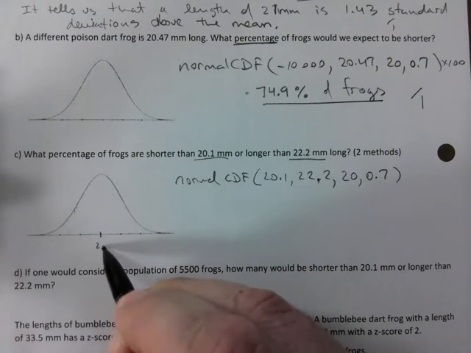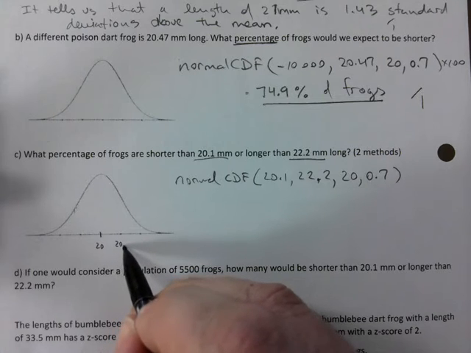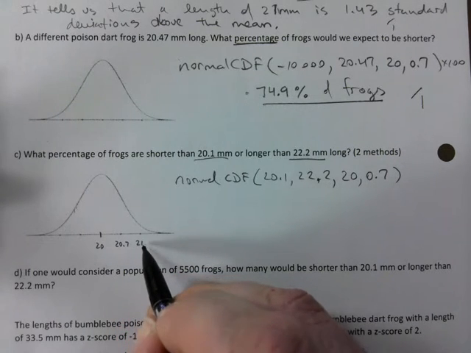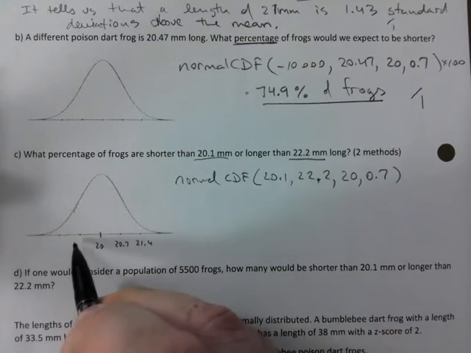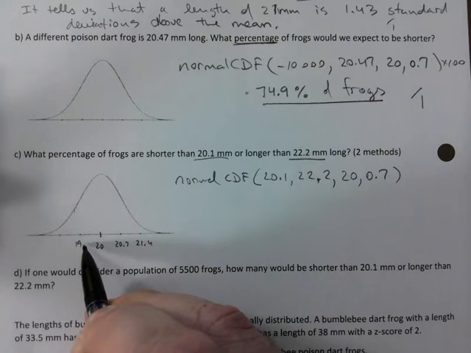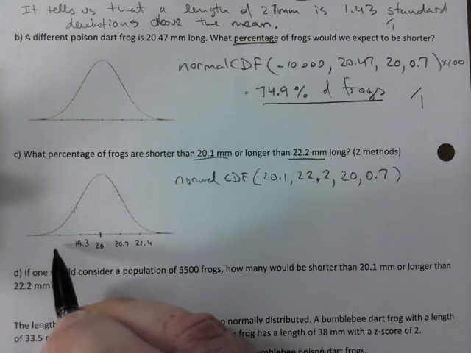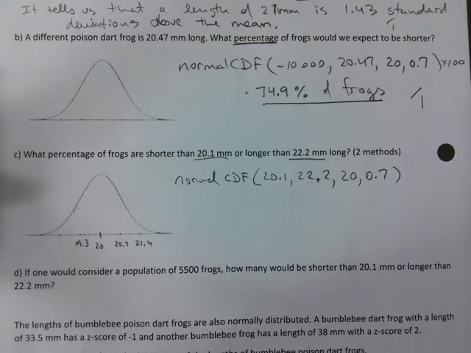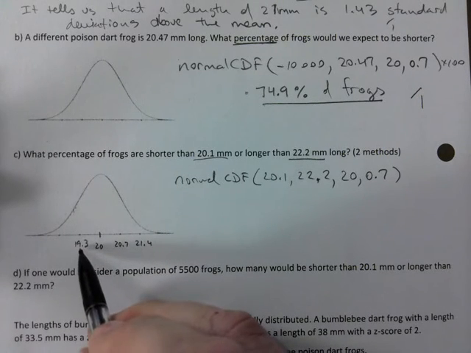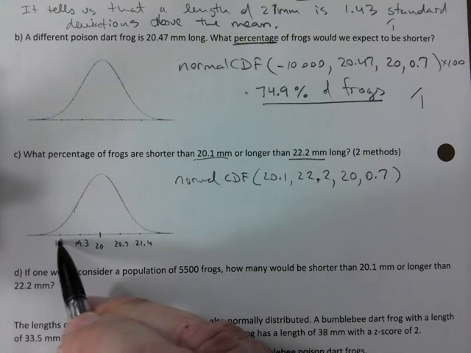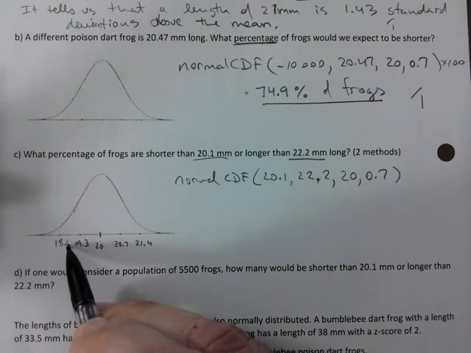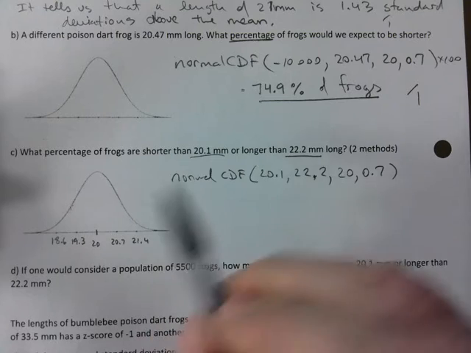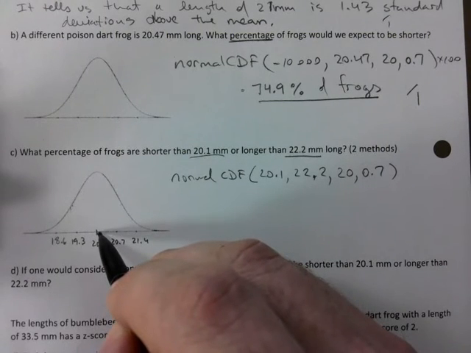If this is 20, right? This is 20.7, 21.4, this would be 19.3. No, hold on. Yeah, 19.3, and this would be 18.6, and so forth.